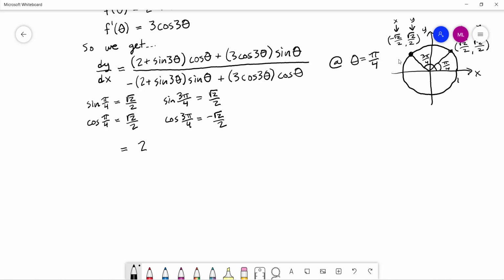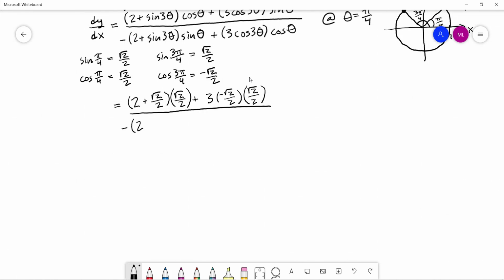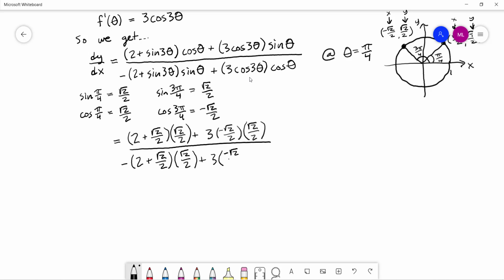So I've got 2 plus the sine of 3 pi over 4, which is root 2 over 2, times cosine of theta, which is root 2 over 2, plus 3 times the cosine of 3 theta, so 3 times this one, negative root 2 over 2, times the sine of theta, which is root 2 over 2, over, plugging into the denominator, we will get our negative sign, 2 plus root 2 over 2, times the sine of theta, which is root 2 over 2, plus 3 times the cosine of 3 theta, which is again negative root 2 over 2, times the cosine of theta, which is root 2 over 2. Okay, so these are ugly, but at least they kind of clean up a little bit.